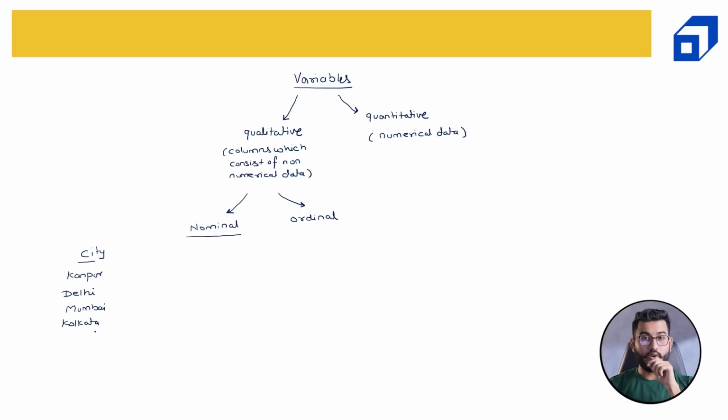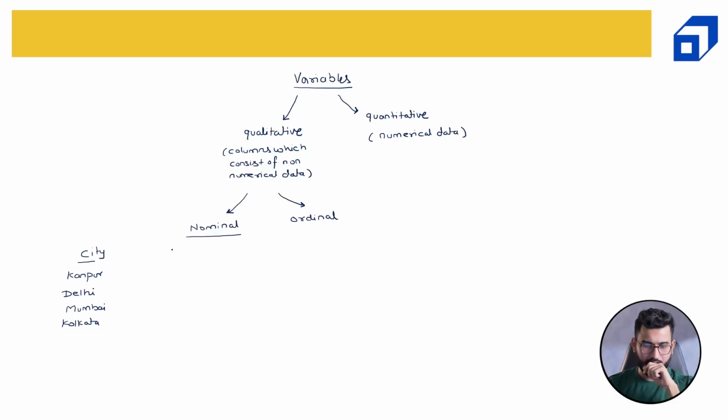Now, I cannot say that Kanpur is better than Delhi, or Mumbai is better than Kolkata, because these are four distinct categories. They do not have any kind of order among them. So this is simply the nominal categorical variable or nominal qualitative variable.